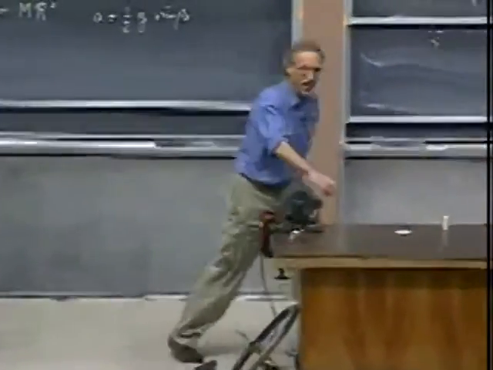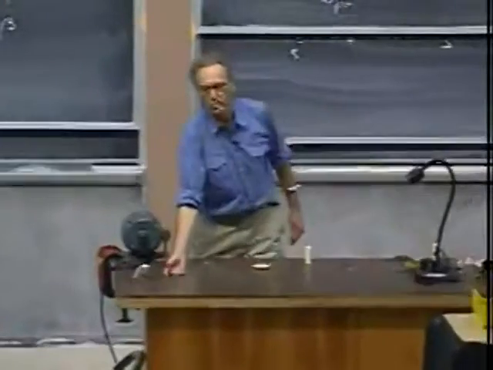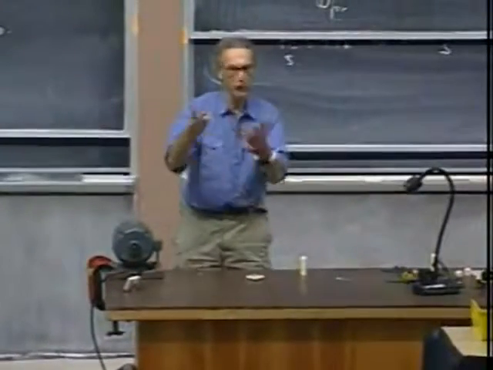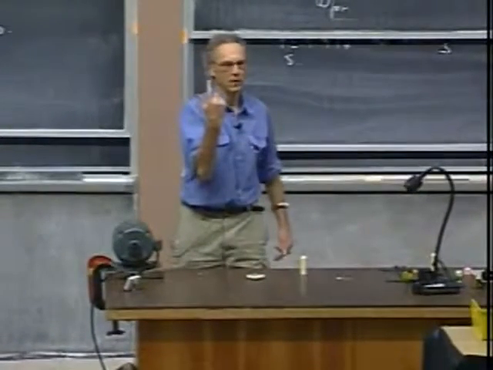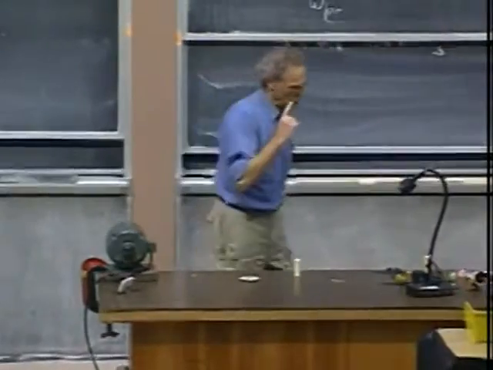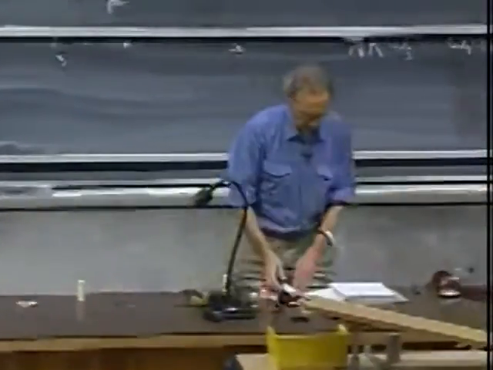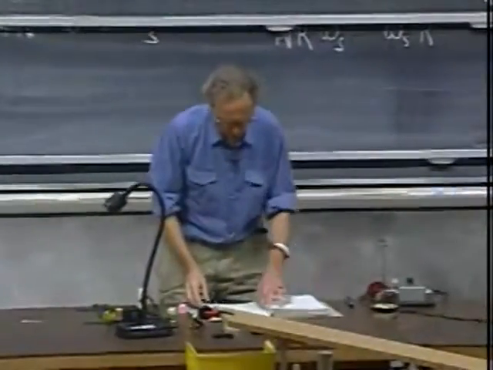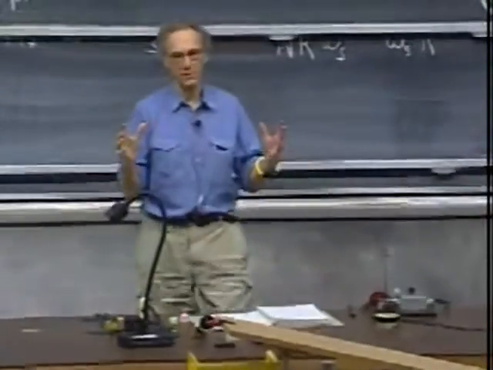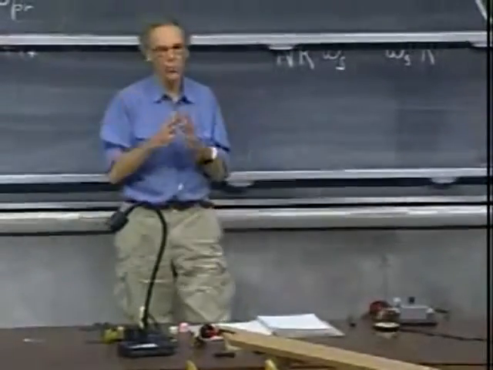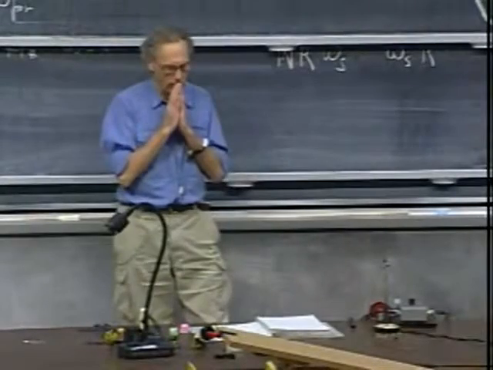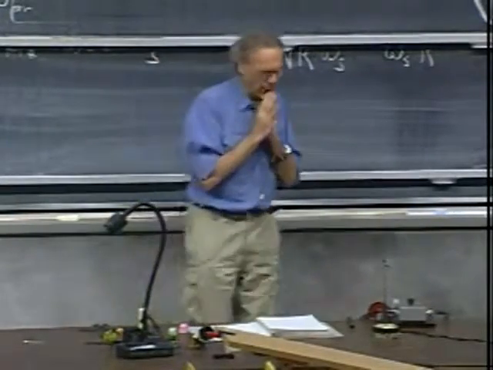You put a top on the table, it falls over. You twist it, you give it spin, and the top is stable. So spin angular momentum has the property of stabilizing things. And you will see that addressed in one of your assignments when I want you to address that quantitatively.